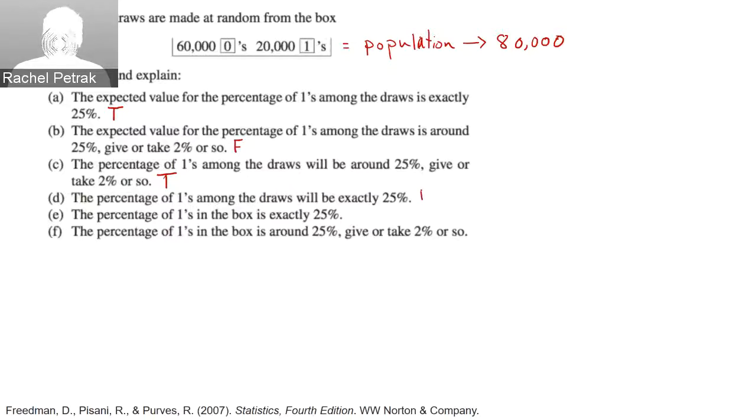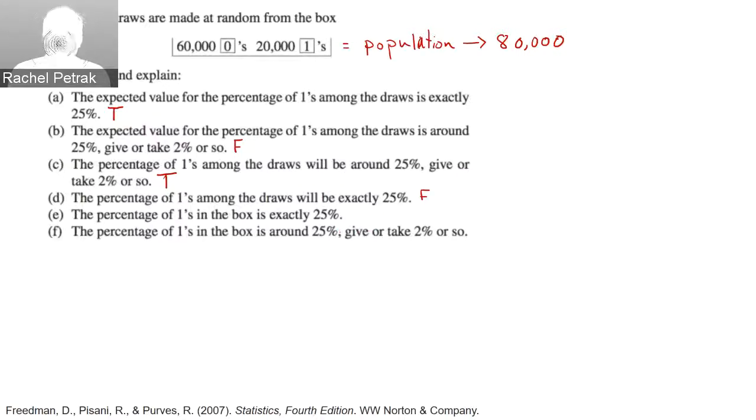This is going to be false because we can't know the exact percentage of ones among the draws until the draws have been done. 25% is just our expected value. The percentage of ones among the draws will always be off the expected value due to chance error. And in this case, our standard error is about 2%.